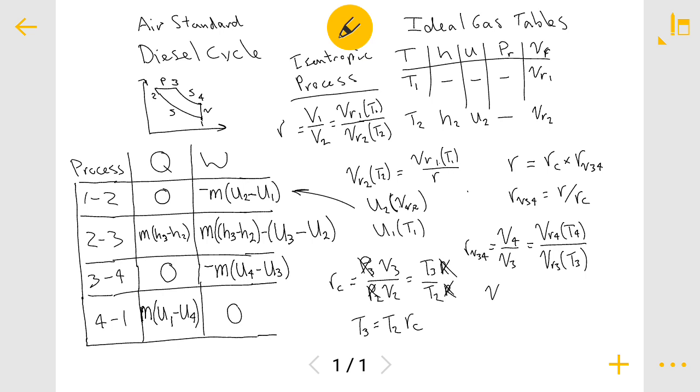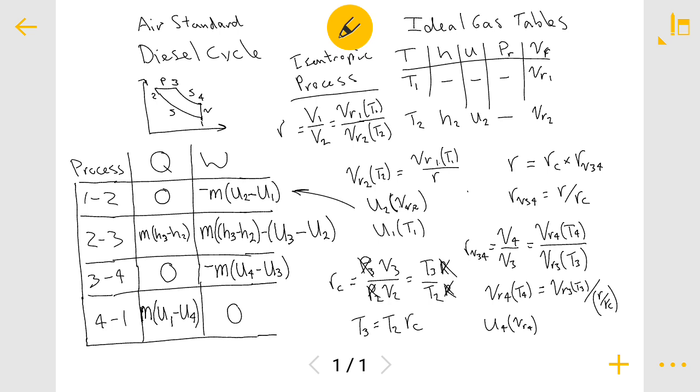And then I can get that VR4, which is a function of T4, equals VR3 divided by RV34, or R over RC in this case. So now I get VR4 from things that I know, and then from VR4 I can find U4 and T4. I think that's all I need.